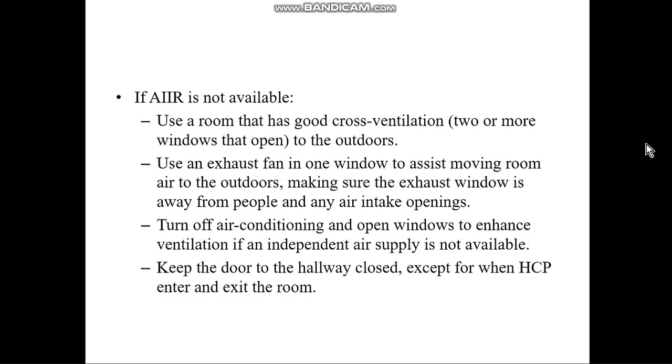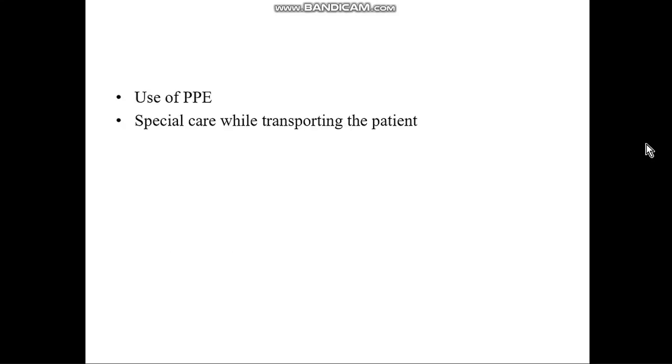Turn off air conditioning and open windows to enhance ventilation if an independent air supply is not available. Keep the door to the hallway closed, except when healthcare personnel enter or exit the room. The proper use of PPE, including a respirator, and special care while transporting the patient are a must.